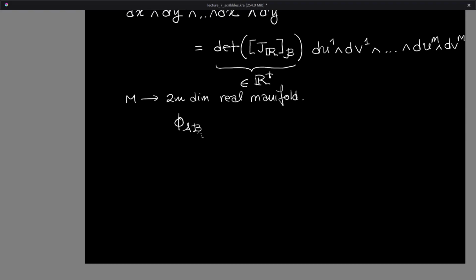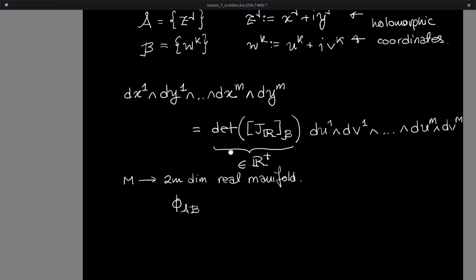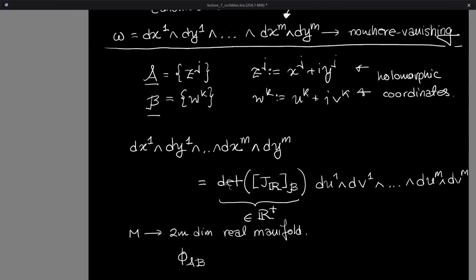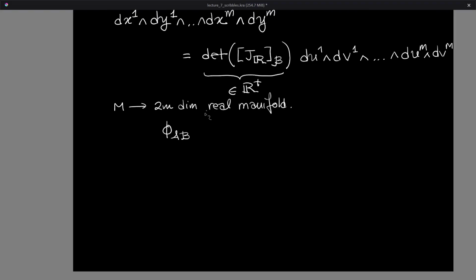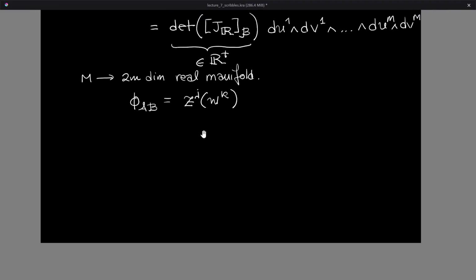We don't usually use this notation, but you can kind of understand what I'm going for here. I'm talking about these coordinates and these coordinates. So this is the transition map. We know that this is equal to z_j as a function of w_k. Sorry, this was a typo in my notes. So z_j as a function of w_k. That's what I meant to write. Anyway, not a big deal.